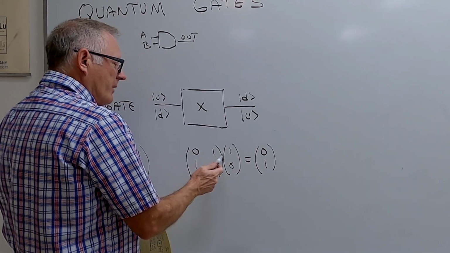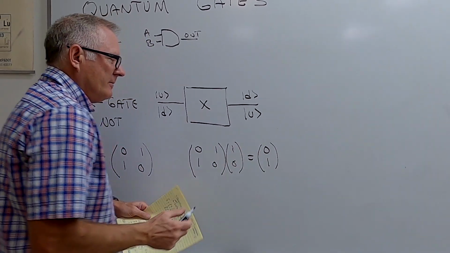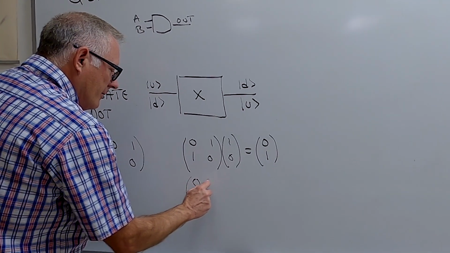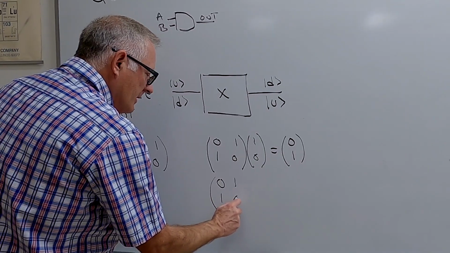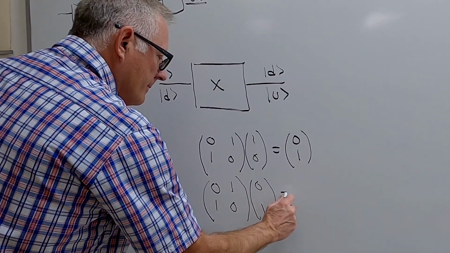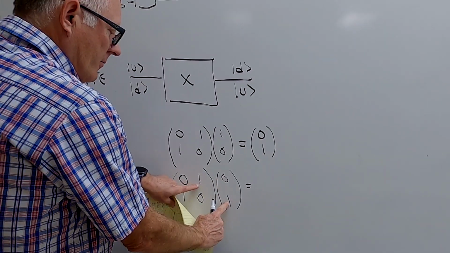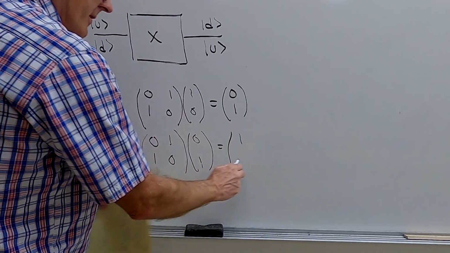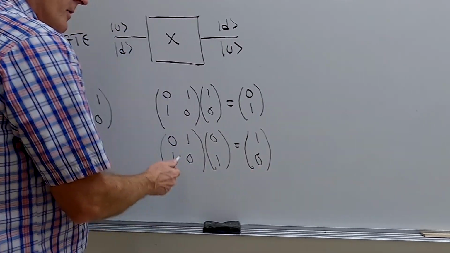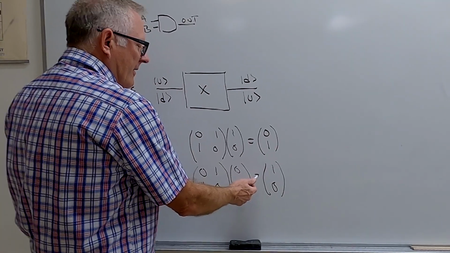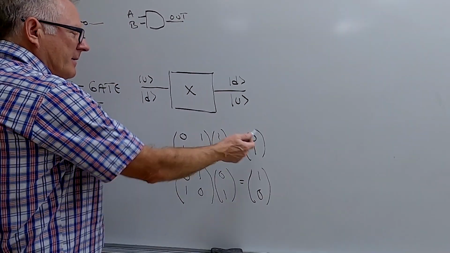You notice we operate X on up, we got the down. Likewise, if I operate on the down, 0, 1, I should get the up. We get 1 at the top, and then 0 on the bottom. So that's the up. My X operating on down gave me an up, and X operating on up gave me a down.